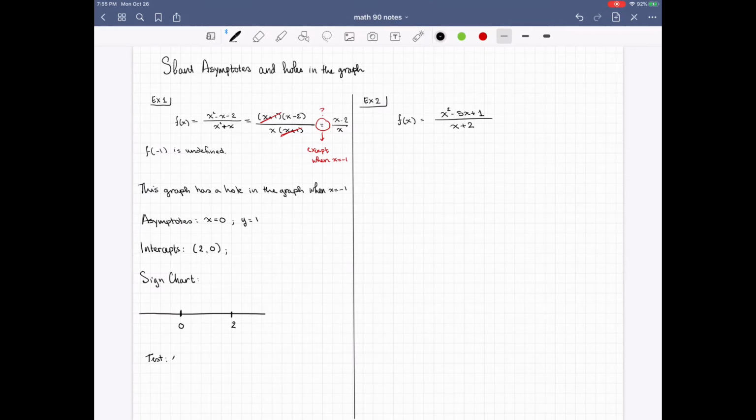So let's test 1. It doesn't really matter what we test since 0 is off the table. And you can see when we plug 1 in for x in our function, the numerator is negative, the denominator is positive, and the quotient is negative. So since 1 lives between 0 and 2, we put a minus here, and then the sign switches around both. Okay, so there's our sign chart.